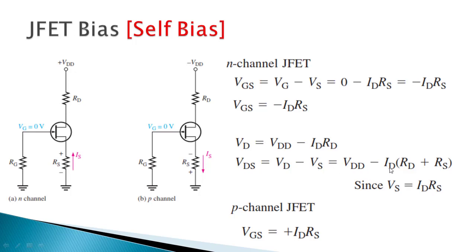So VDS is VDD minus ID into (RD plus RS). This is simple KVL. In other words, VDD is equal to ID RD plus VDS plus ID into RS. This can be simplified as VDS equal to VDD minus ID (RD plus RS). So these are the two expressions we are going to use in the problems.